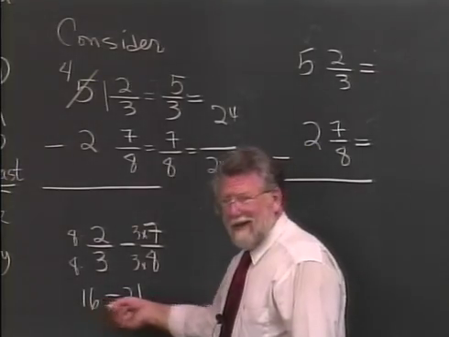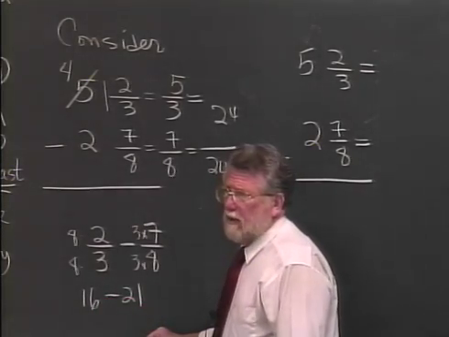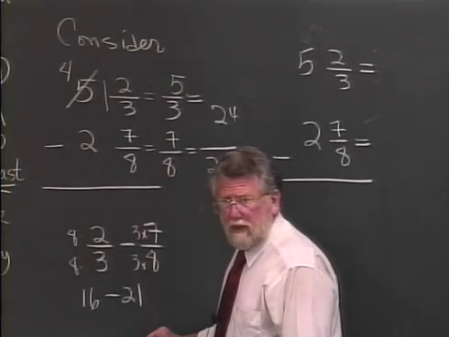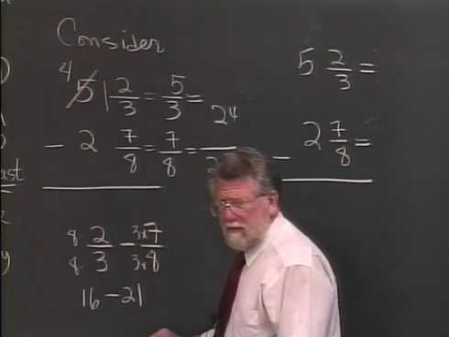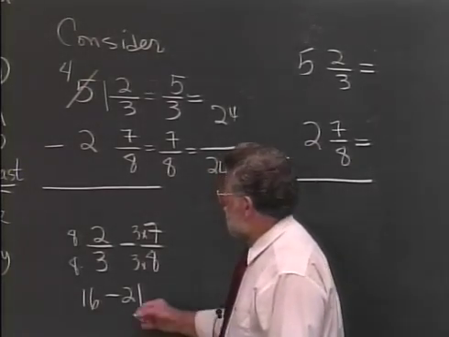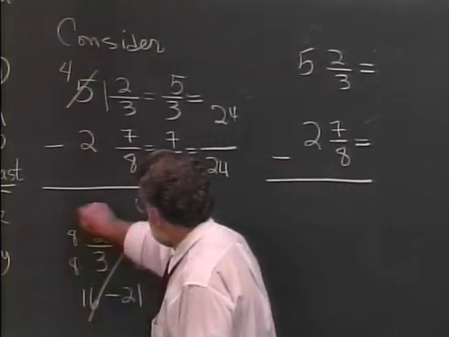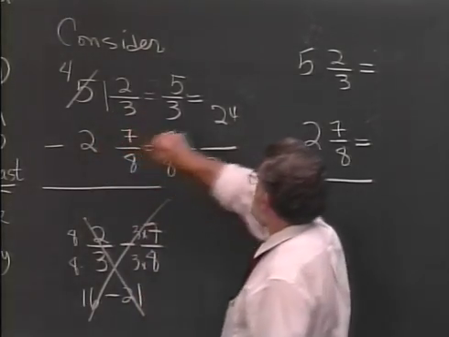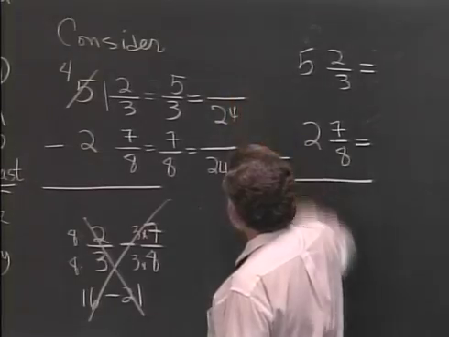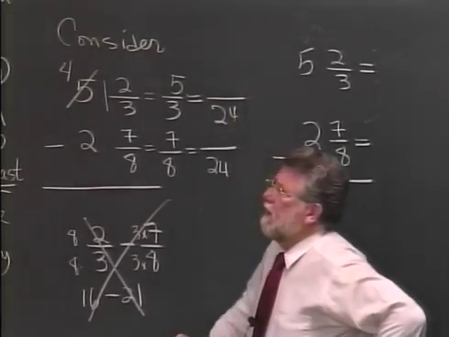Now, if we later, in pre-algebra, think about signed numbers, I could argue this has an answer. But in basic review of arithmetic, no, this is not something we can do. So that's why I borrowed here and have this now at 5 over 3 instead of 2 over 3.